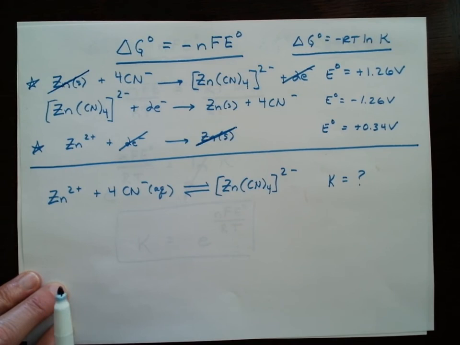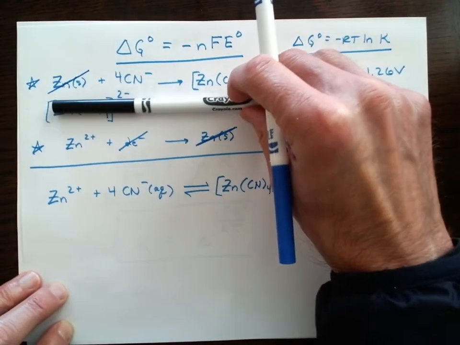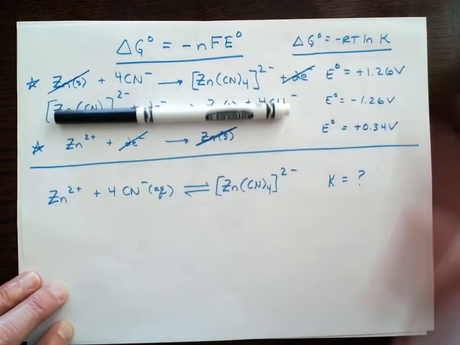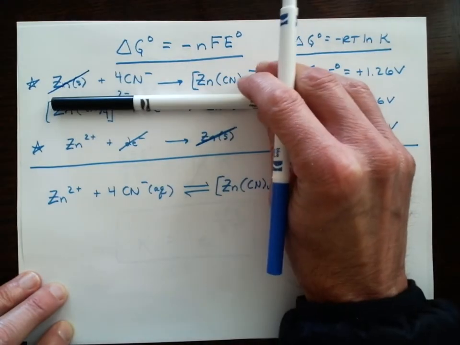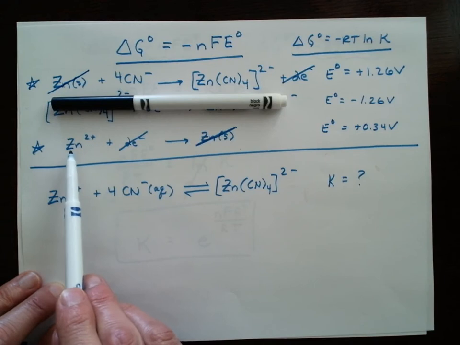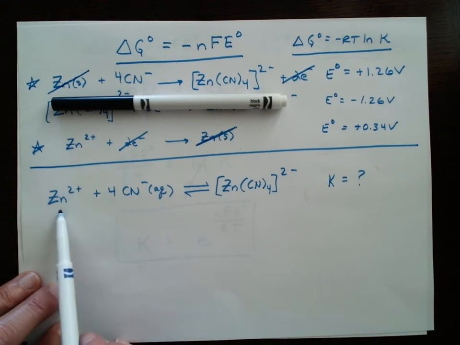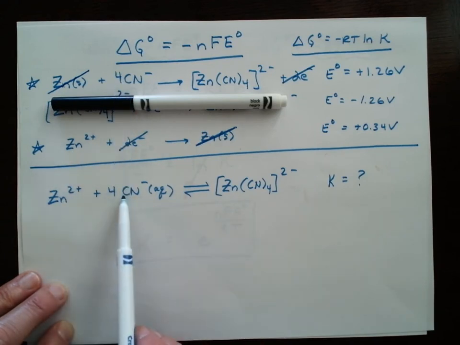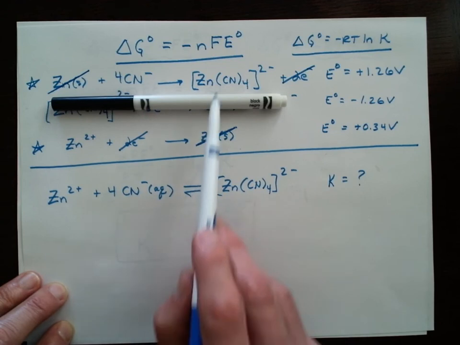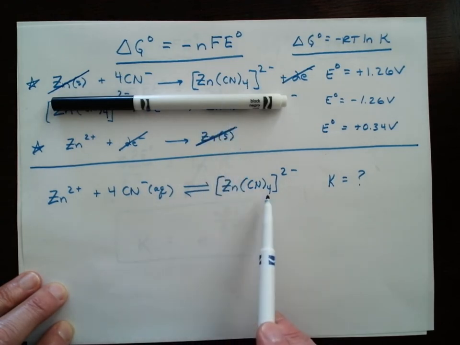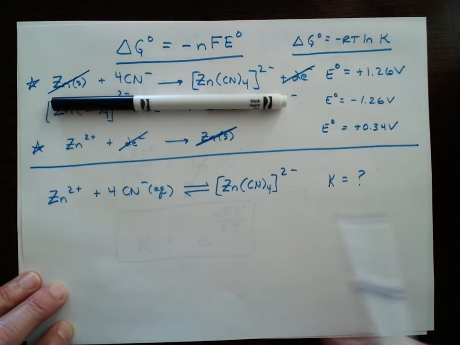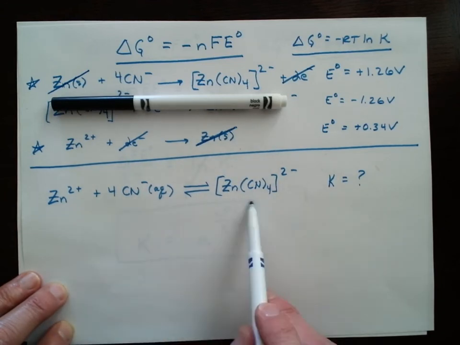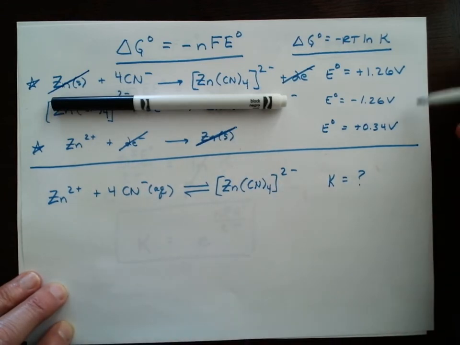I know it's a little confusing. We have to ignore this reaction here, so I'm just going to place this here. I see zinc, 4 cyanides going to the zinc complex, and that's it, nothing else. So I've recovered this reaction by adding this one and this one.